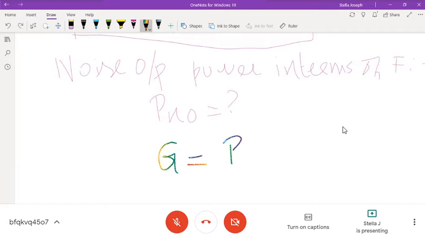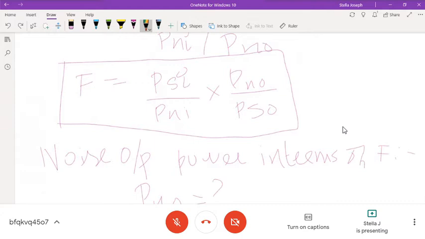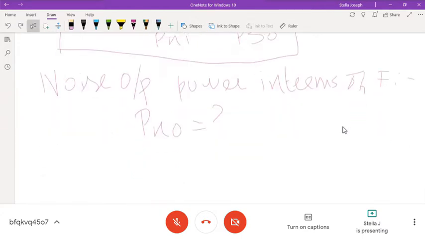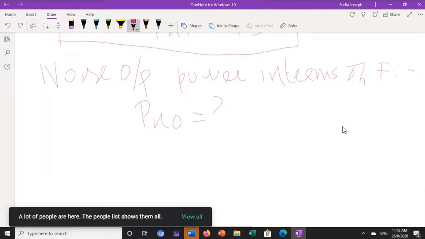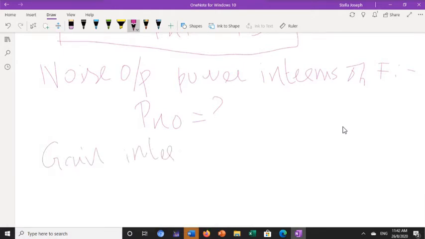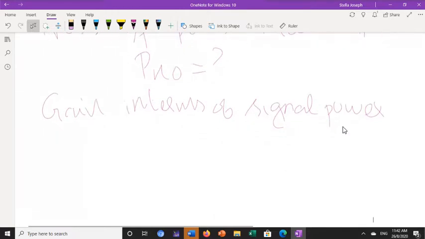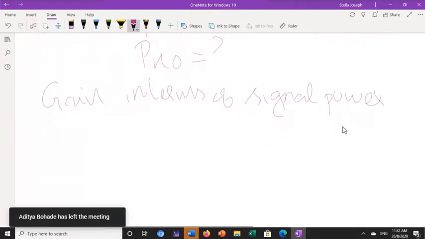Sorry, here we need to consider signal power, gain in terms of signal power. Remember, because you will be confused between noise factor and noise figure.